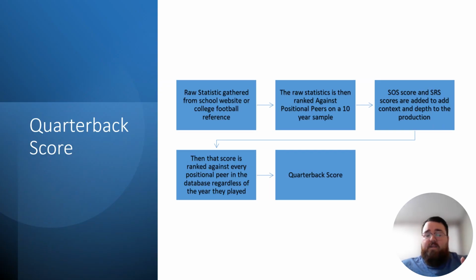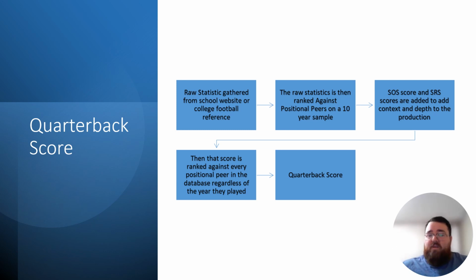The second score to look at is the quarterback score, or passing efficiency score. This data is also taken from raw statistics from a school website. You look at positional peers on a 10-year sample. It also takes into account strength of schedule and strength of team. SOS is strength of schedule, and that score comes from College Football Reference.